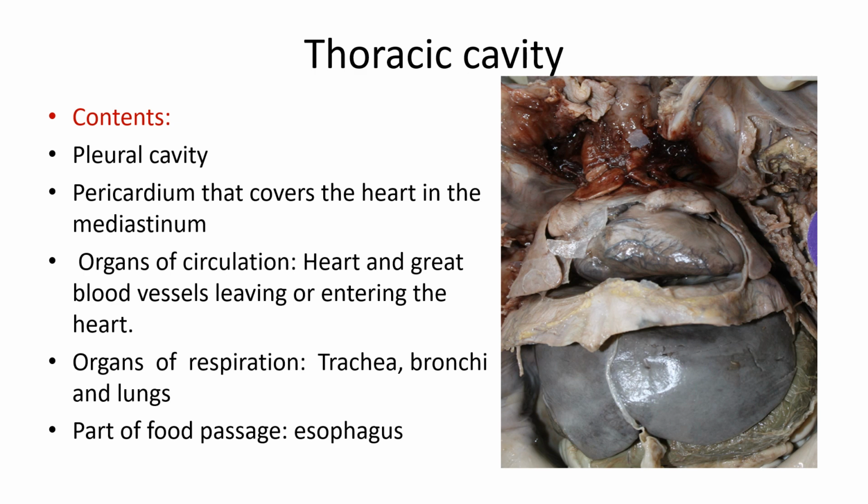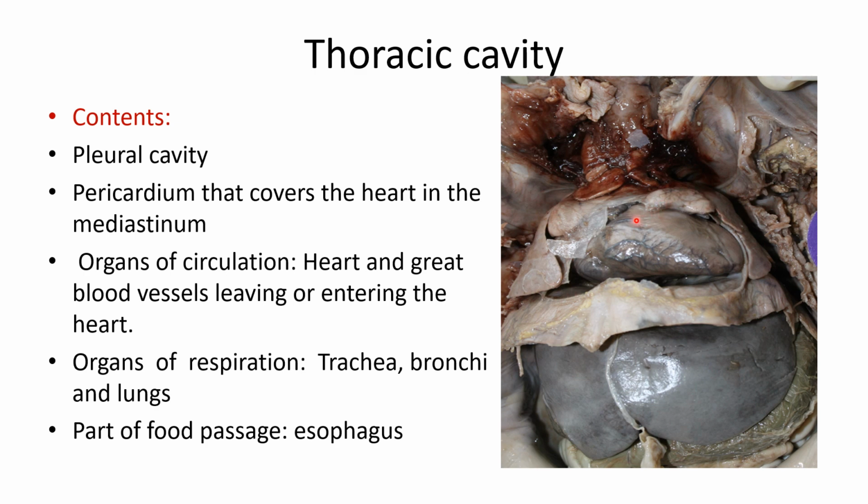What are the contents of the thoracic cavity? What you are seeing is a fetal thoracic cavity. This is the diaphragm and this is the liver in the abdominal cavity, and this is the neck region. So this is the thoracic inlet area. What are the contents of the thoracic cavity? It is the pleural cavities.